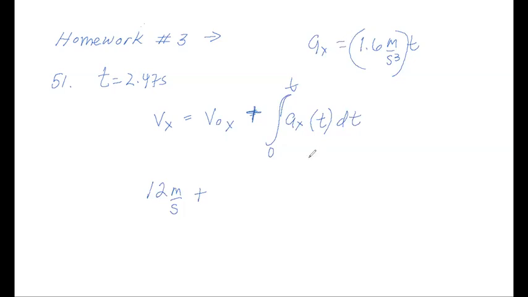Okay, so we're going to take the integral there, and we're going to get 0.8 meters per second cubed times t squared. And then we just fill in the value for t, which is 2.47, 12 meters per second.